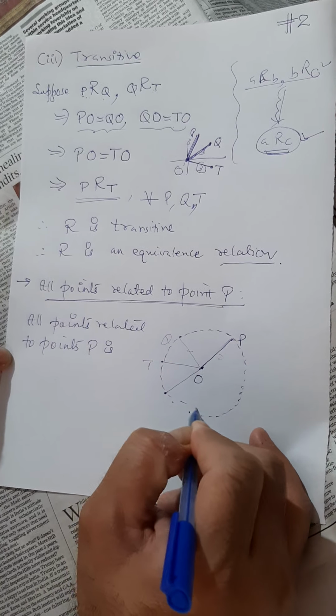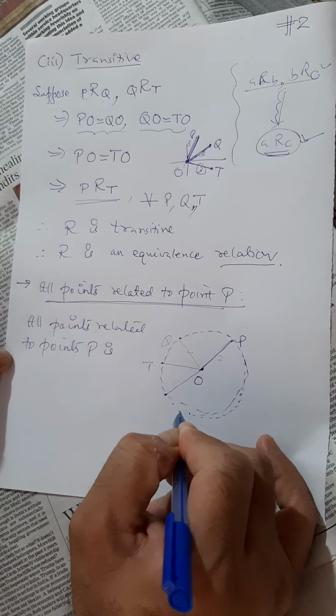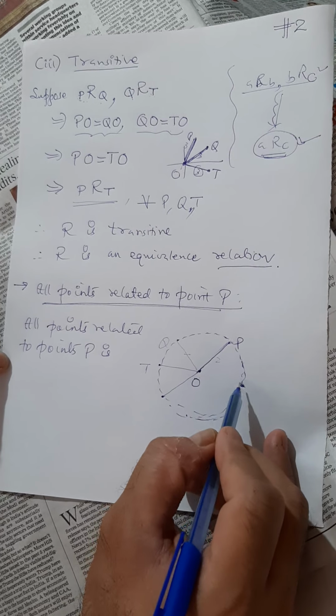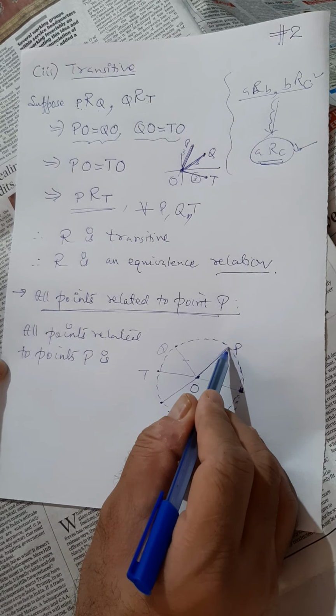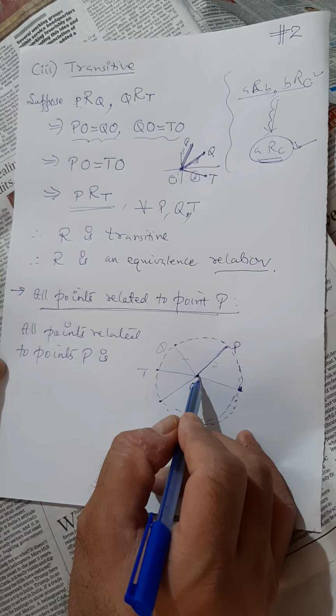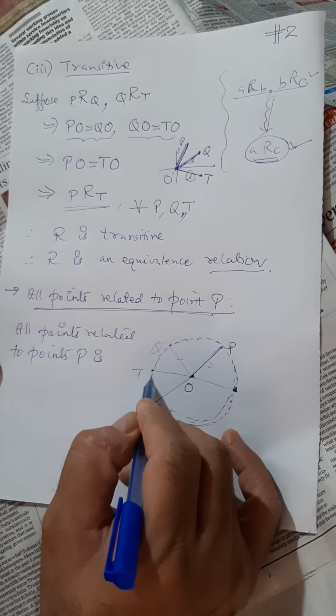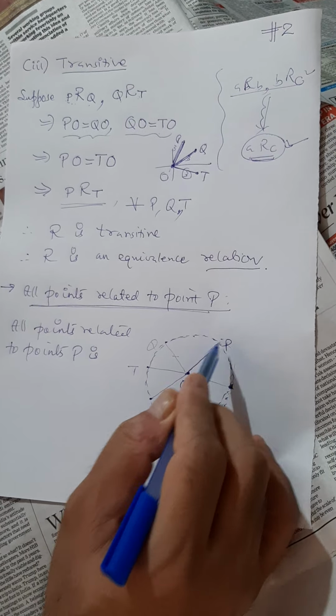These are all the points which are related to P. Why is this point related to P? Because the distance of this point from origin is the same as the distance of P from the origin. So all this collection forms, you can see, a circle.